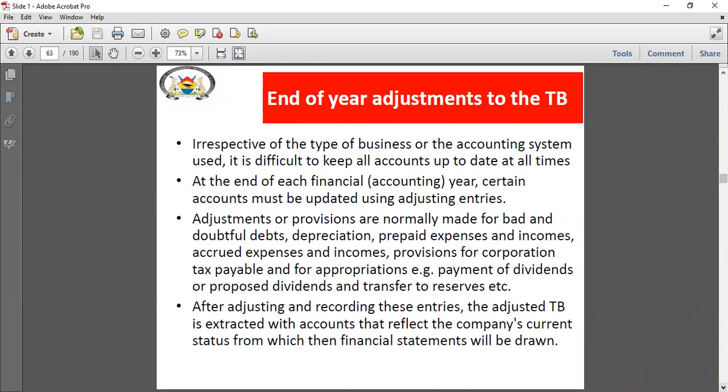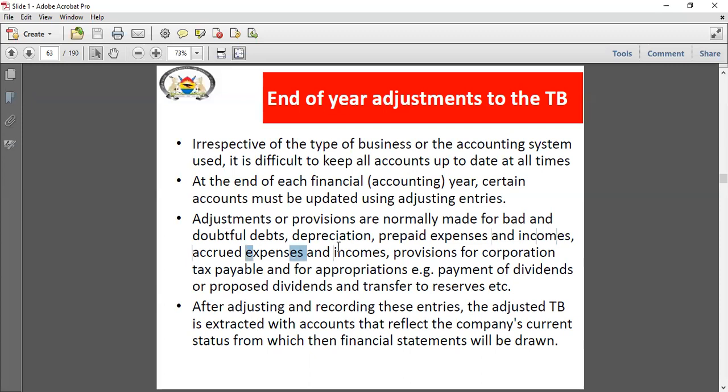Those are end of year adjustments. So we make these adjustments at the end of the year before we can prepare the financial statements. So these adjustments are actually on the trial balance. You get it.